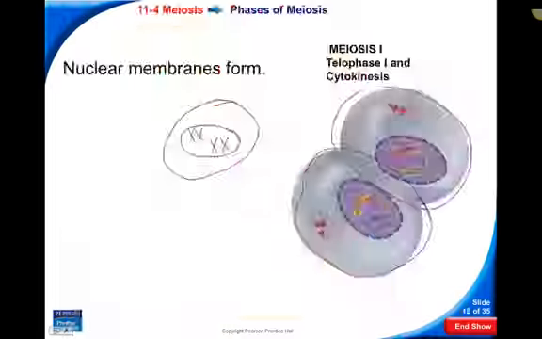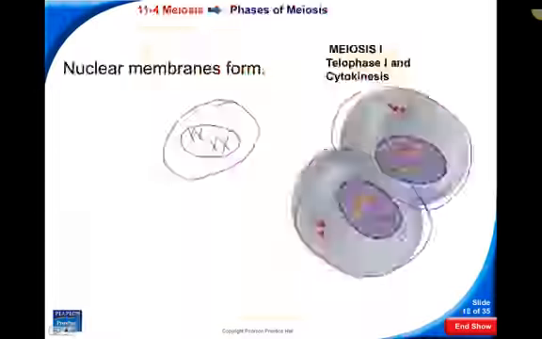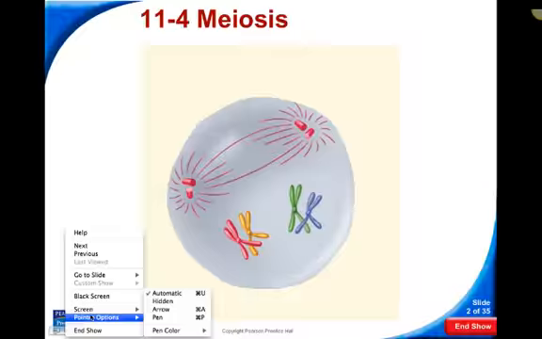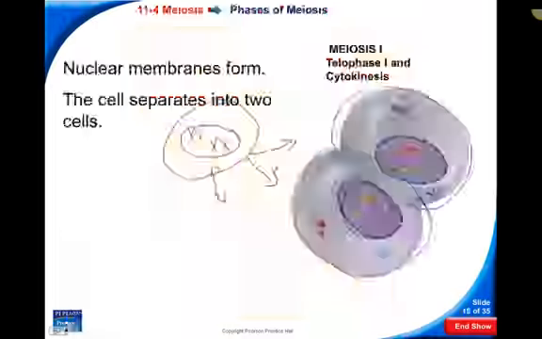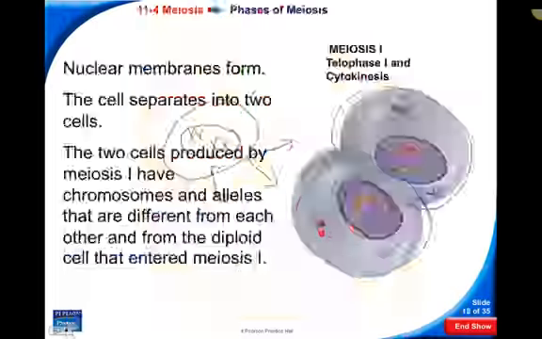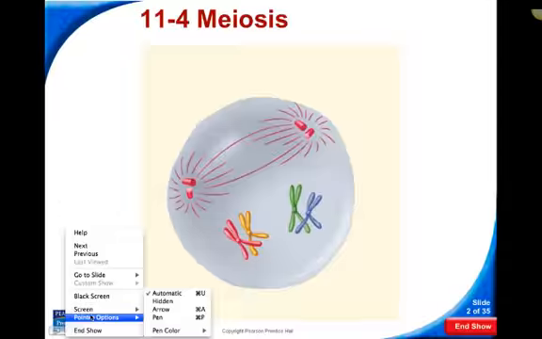Now, each of the cells that's coming out only has 2. Okay, the 2 cells produced by meiosis 1 have chromosomes and alleles that are different from each other and from the diploid cells that entered meiosis 1.